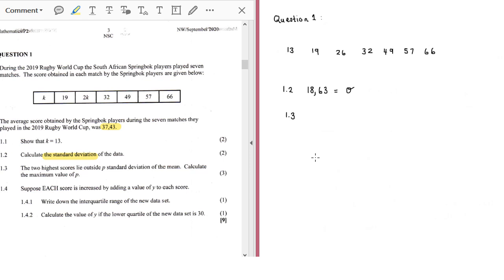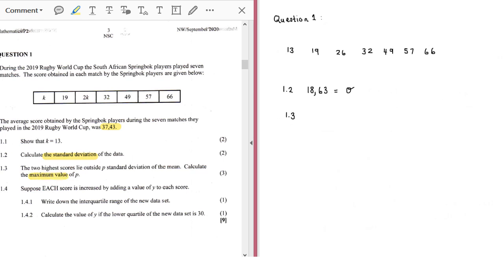Over here we don't know exactly whether it is 1, 2, 3, or 4 standard deviations. We're just saying that we're looking at P standard deviations, some unknown value, and we're specifically wanting to look at the maximum one.